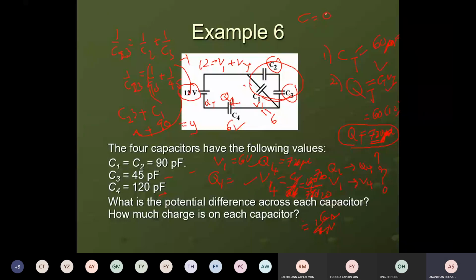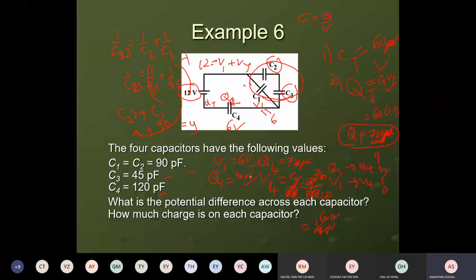C equals Q over V. So Q1 is C1 times V1. C1 is how much? C1 is 90. So 90 times V1. V1 is 6.